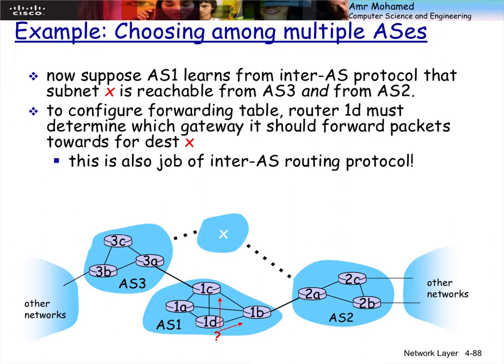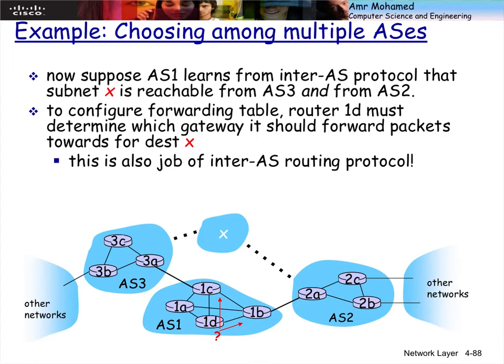In that case, you have possible choices. Some possible choices will be policy-based. So for example, if you have a policy that says that in order to go to X, you have to reach it through autonomous system 3, right?